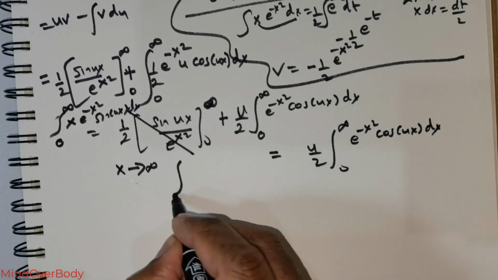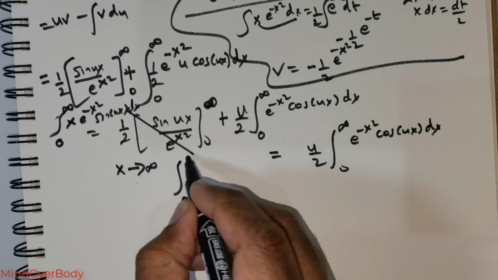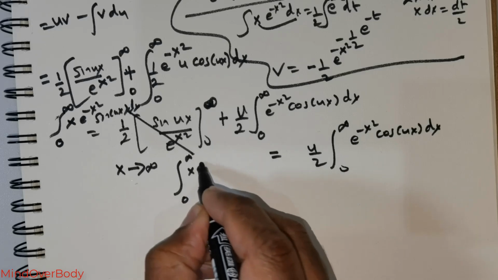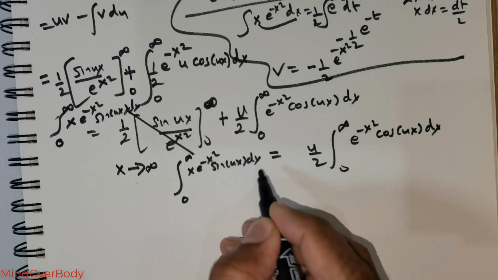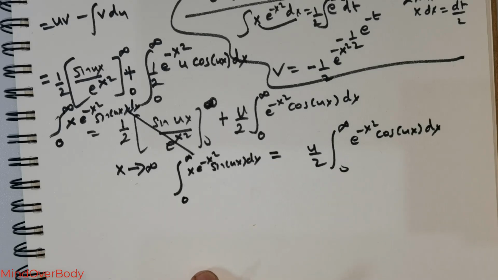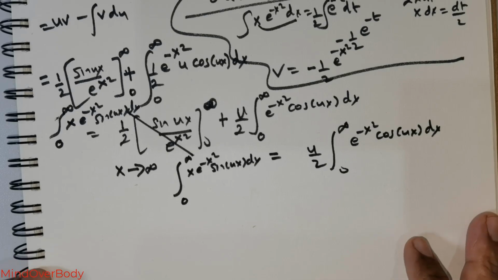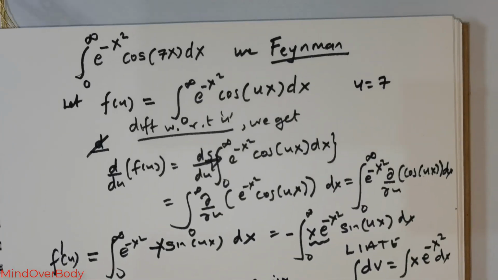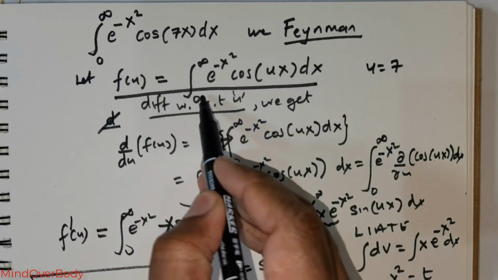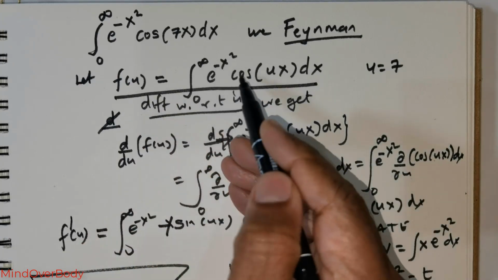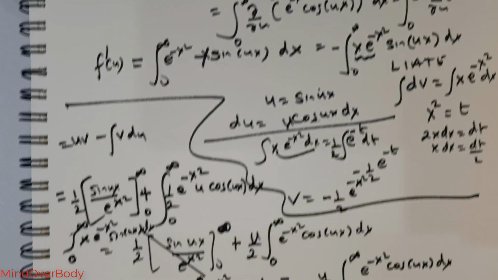For what? For integral 0 to infinity x times e raised to the power of negative x squared sine of ux times dx. Now if you head back to our initial definition of f of u, what is f of u? F of u is integral 0 to infinity e raised to the power of negative x squared cos of ux times dx.